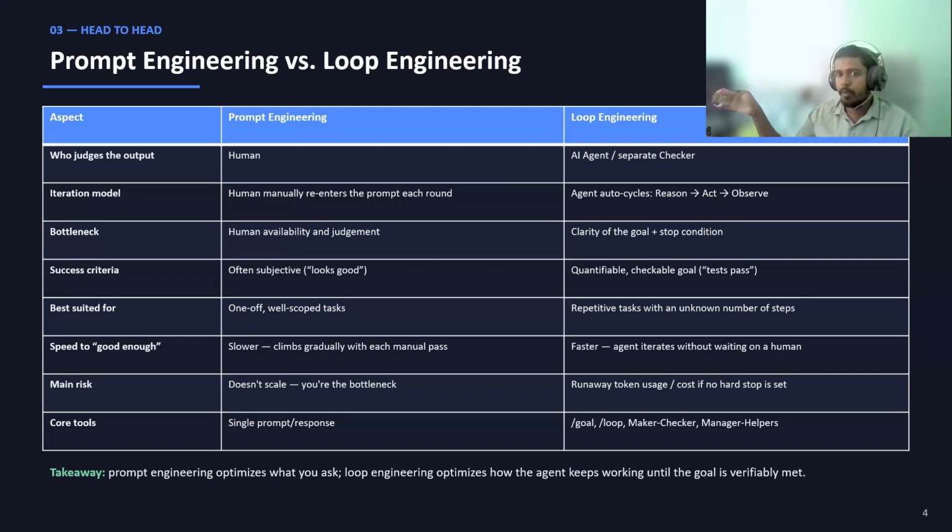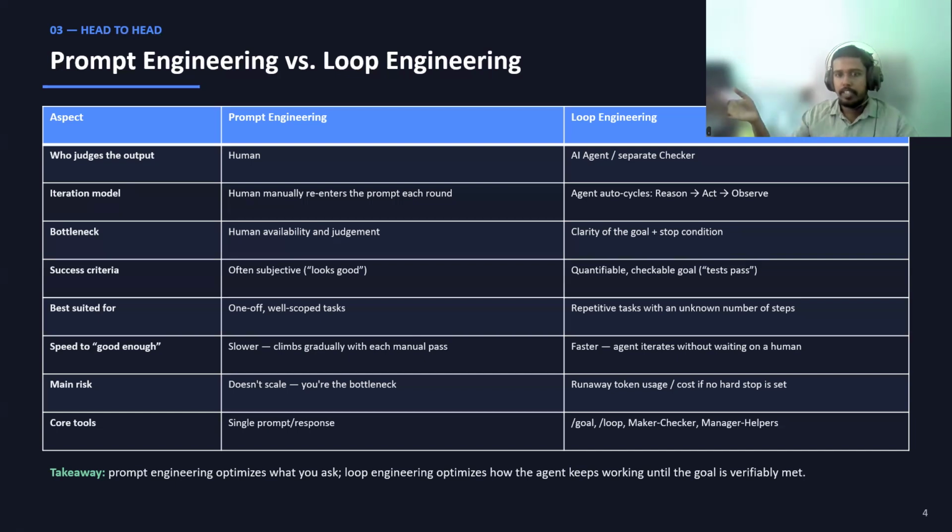But when it comes to loop engineering, the success criteria must always be measurable with quantifiable measures, which means the end goal should always be quantifiable. Prompt engineering is always suited for non-scoped tasks.